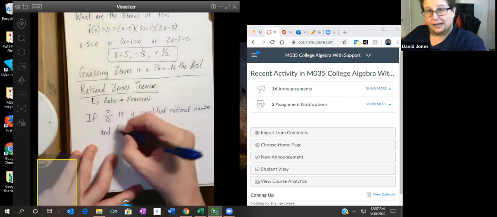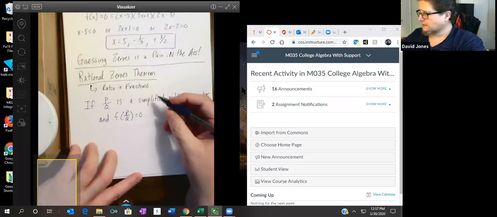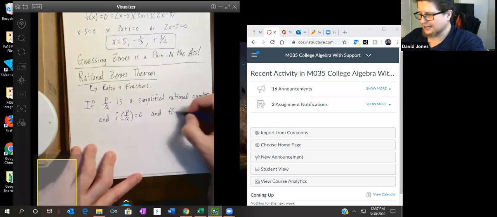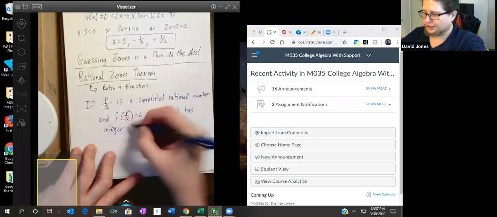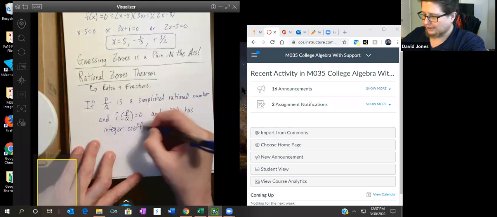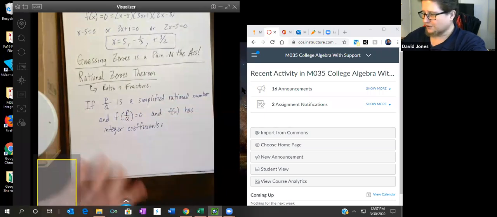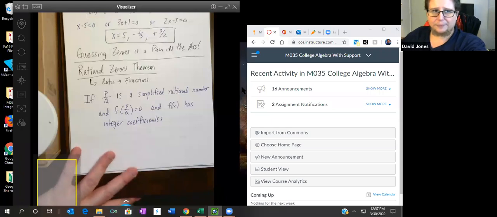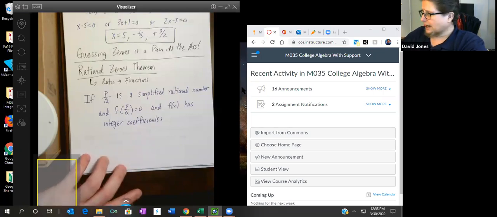And f of P over Q equals 0. And another requirement, f of x has integer coefficients. We don't want any fractional coefficients or decimal coefficients. We want integer coefficients. There's a lot of requirements there. So P over Q is a simplified rational number. When plugged in, it evaluates to 0. And f of x has to have integers as coefficients.